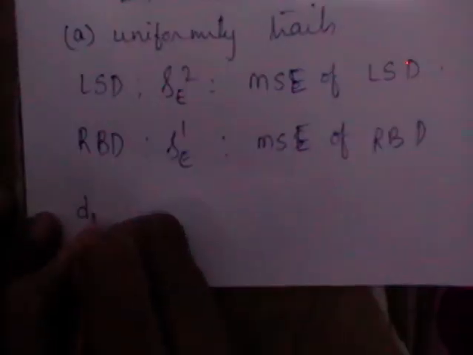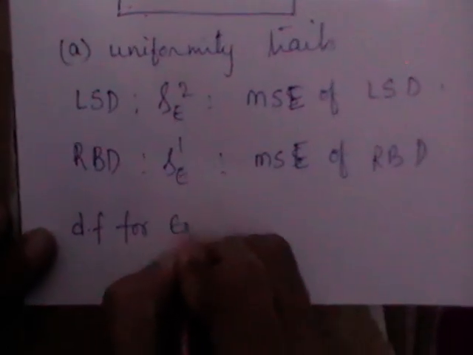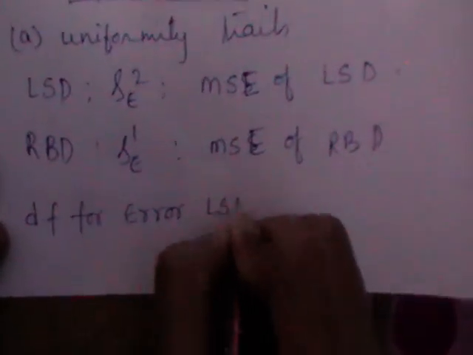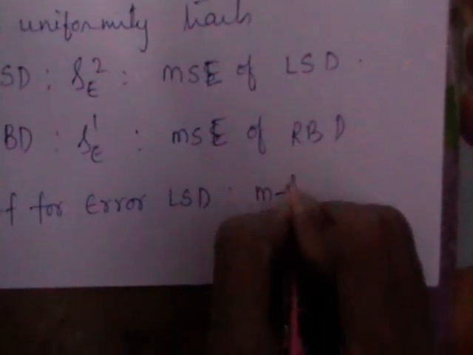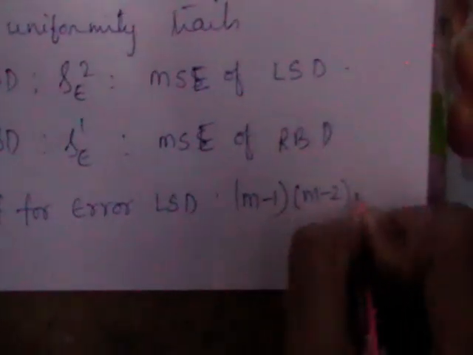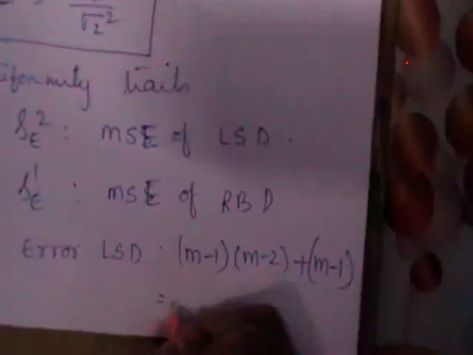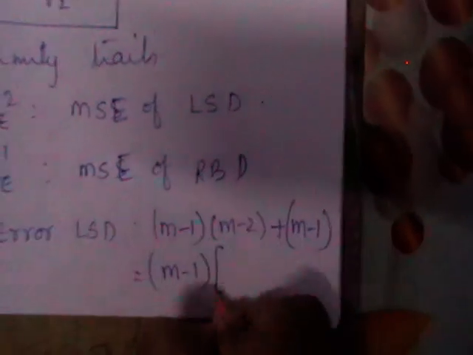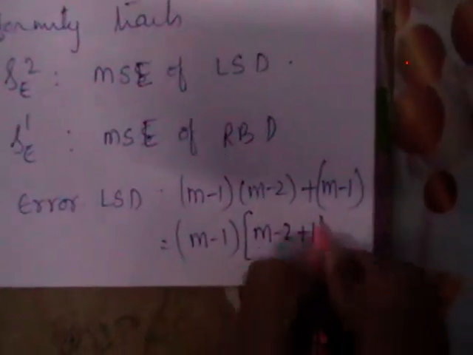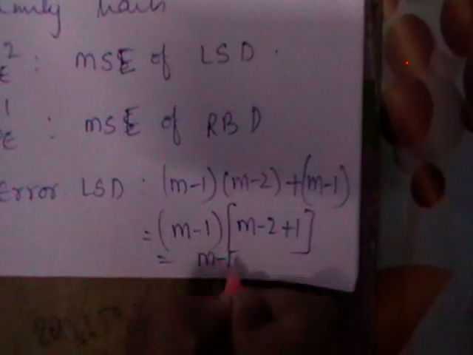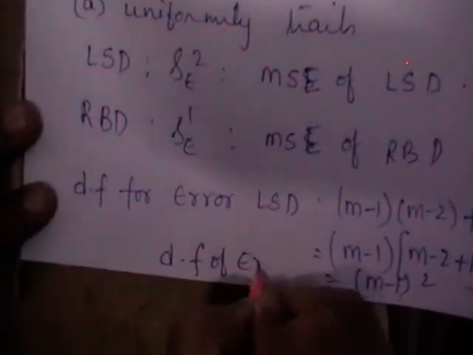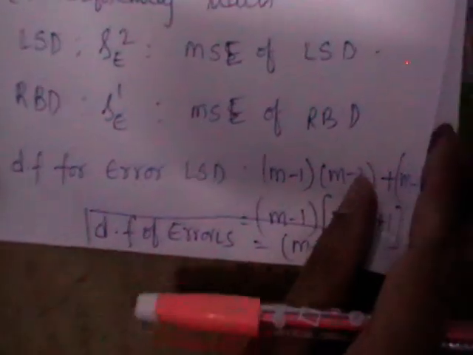As a result, the degrees of freedom for error for LSD is going to change. You are going to add the degrees of freedom of treatments, M minus 1 into M minus 2, to the error to make the comparison. This is a regular simplification. If you take out M minus 1 common, M minus 2 plus 1 is M minus 1, so the degrees of freedom of error in LSD is M minus 1 whole square.